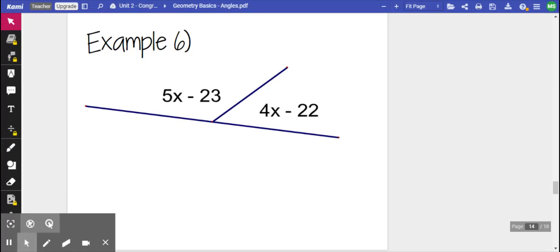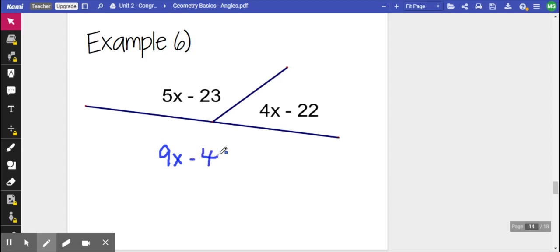For number 6, we are looking at two supplementary angles, so we need to add these two together. So if I added 5x and 4x, I would get 9x. And if I added 23 and 22, that would give me 45. So I have negative 45.